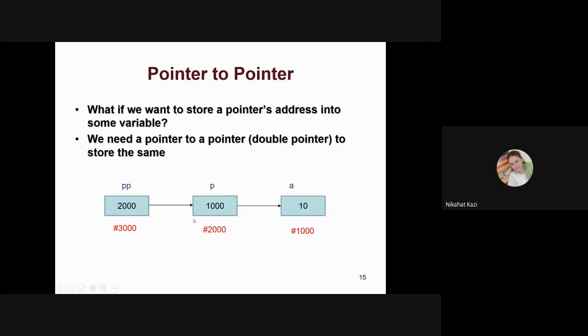So the indirection you can see, pp is going to hold the address of p. And the addresses of a, p, and pp are given. So 1000 is the address of a, 2000 is the address of p, and 3000 is the address of pp. This pointer to a pointer is also known as a double pointer.